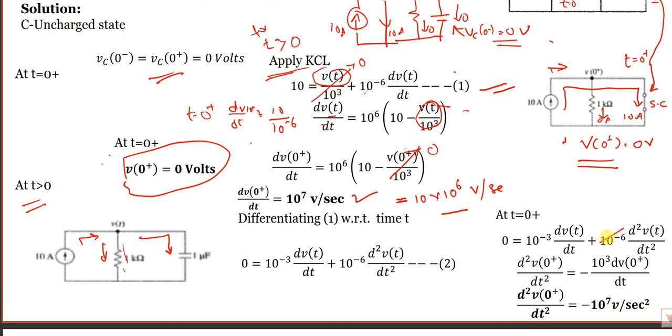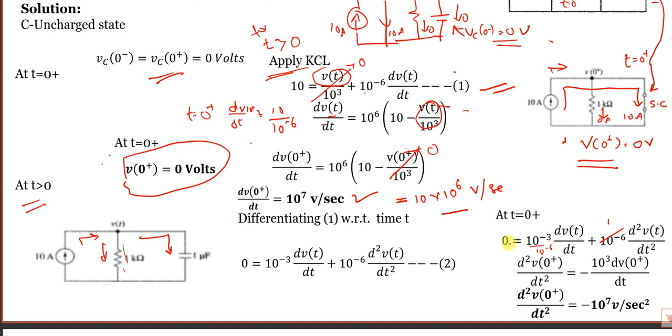Minus 3 divided by 10 power minus 6, so minus 3 and minus 6 means minus 3 gets cancelled. In the denominator, minus 3 will be there, and if you bring it to the numerator it becomes plus 3. Divide throughout by 10 power minus 6. This becomes 1. Here minus 3 is there. Here this minus 6, if you bring it to the numerator, is plus 6. Minus 3 plus 6 is plus 3.